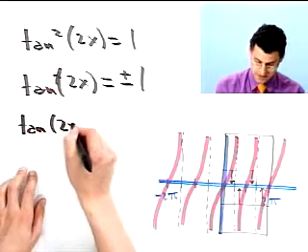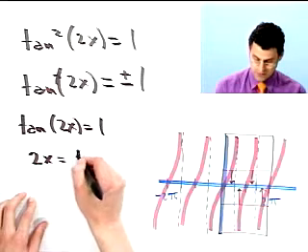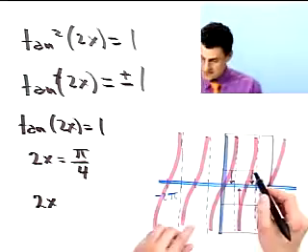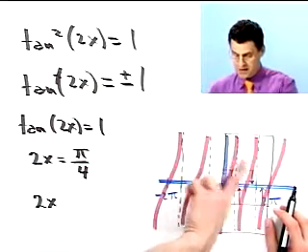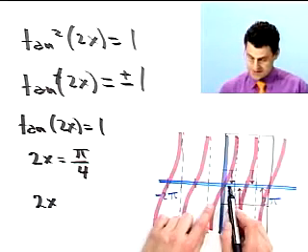So tangent 2x equals 1 when 2x equals either pi over 4, which is 45 degrees, or how do I get this other solution? Well, it's just a translate of this over by pi. The period here is pi. So if I add pi to that, I should get this value right here.